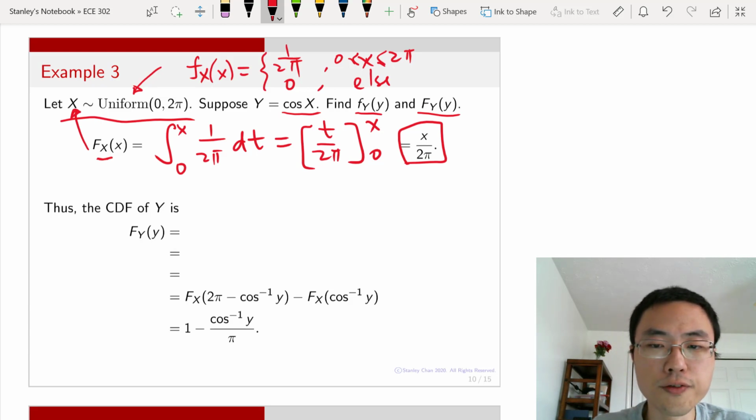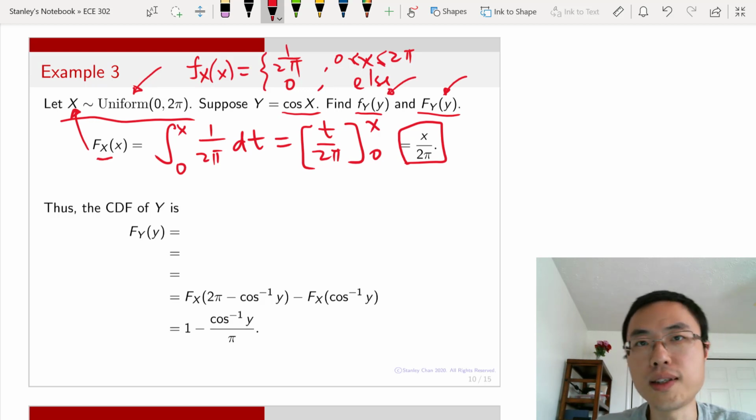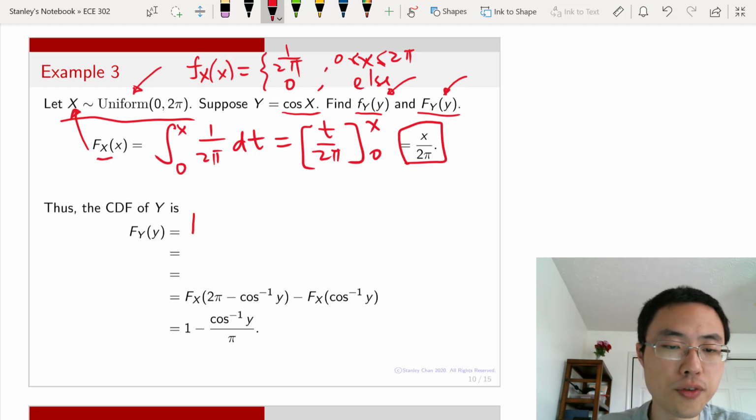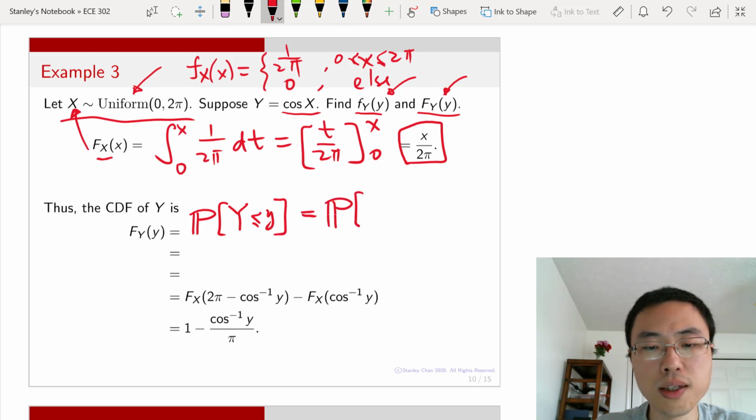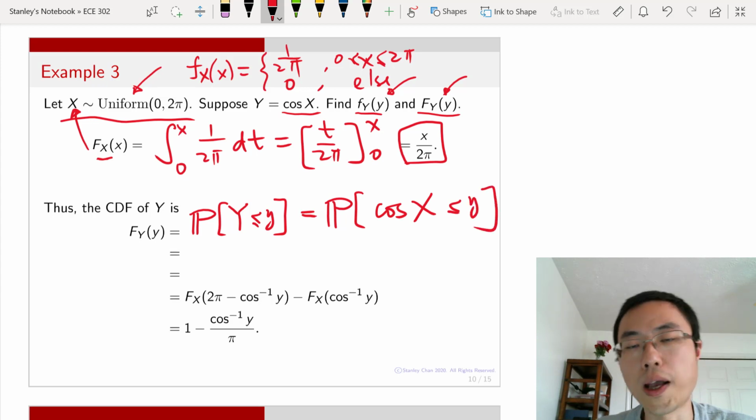Now we are interested in finding the CDF of y and PDF of y. How do we find that? Well, let's find the CDF of y first. The CDF of y, of course, is the probability that Y is less than small y, and this is the probability that your cosine of x is less than y.